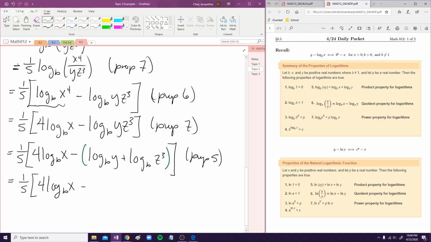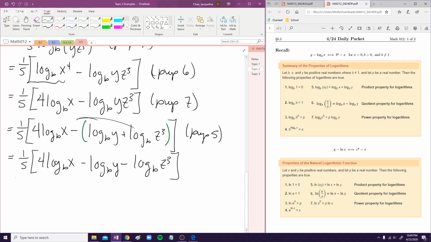But when I look at here, I guess before we continue, since there's parentheses and there's a minus, I'm just going to distribute this minus. So this becomes log base b of y, and then minus log base b of z cubed. You could also apply another property at this step, but I'm just going to take this one step at a time.